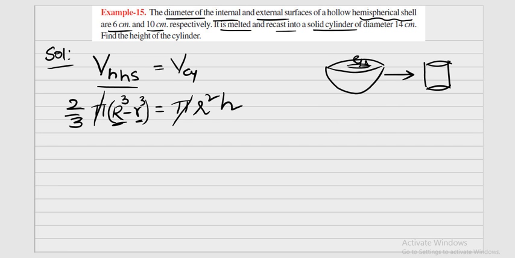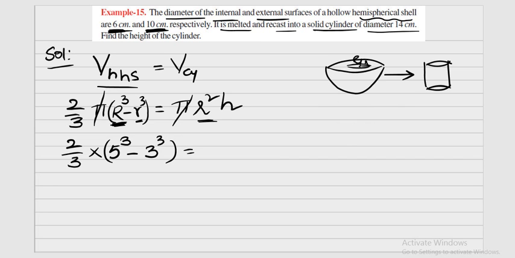On both sides I can cancel out pi and pi. So from this, 2/3 into, what is capital R? Here the outer diameter is given, not the radius. Diameter is given as 10, so its half is 5, so this gives me 5 cube minus small r, where the small diameter is 6, so its half is 3 cube, is equal to the radius of the cylinder.